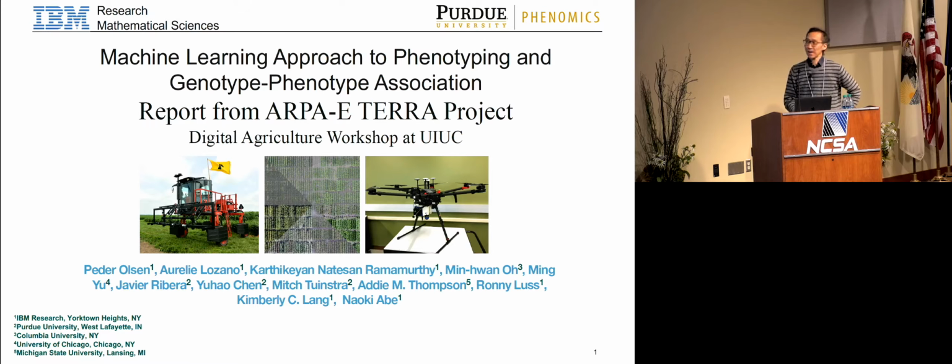So I'm going to be talking about the machine learning approach to both phenotyping and genotype-phenotype association, as we worked on in the TERRA project that was funded by ARPA-E, as some of you here at Illinois know very well, because one of the major teams in the TERRA project was centered at the University of Illinois. We happened to partner with Purdue University to work on this project.